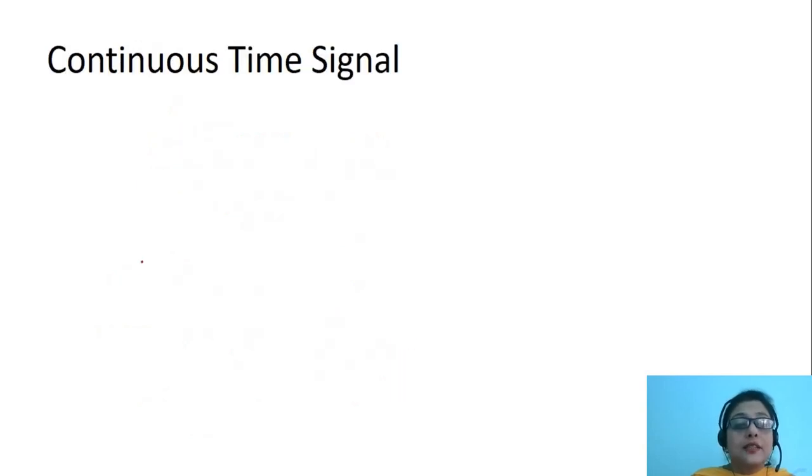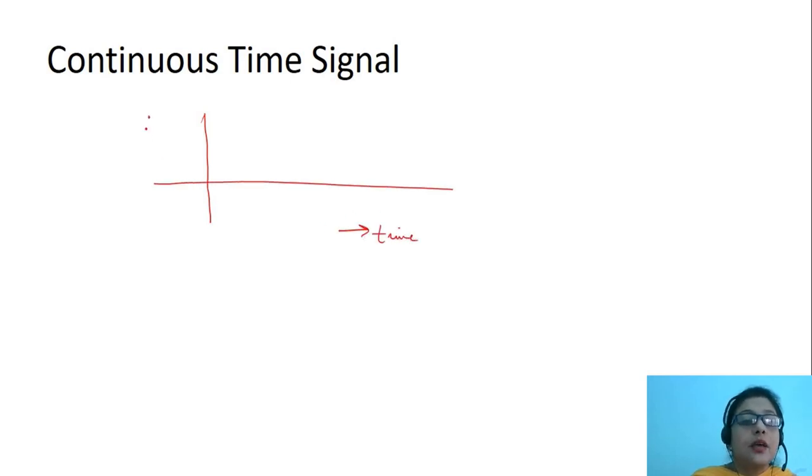So let us understand in detail the continuous time signal. This continuous time signal can be analog in nature or it can also be digital in nature. Let us first draw. Here along the x-axis we are plotting time. Along the y-axis we are plotting the amplitude.